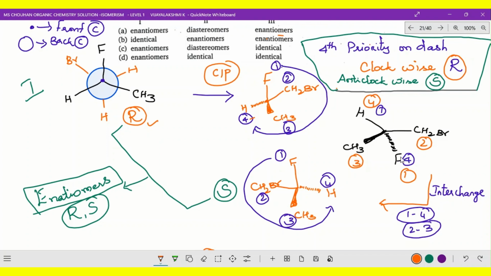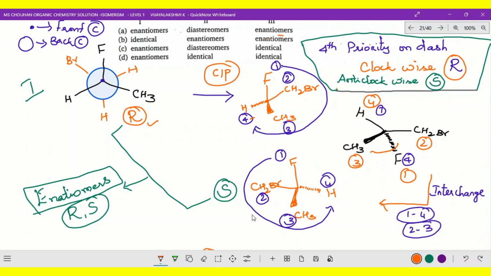Even here it has to be in order, so 1, 2, and 3; here also 2 and 3 will be changing. So that is what I bring here: 1, 2, 3, 4, that means fluorine, CH2Br, and CH3, and in the dash position hydrogen, the fourth priority, has come.